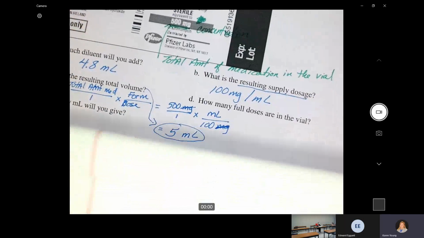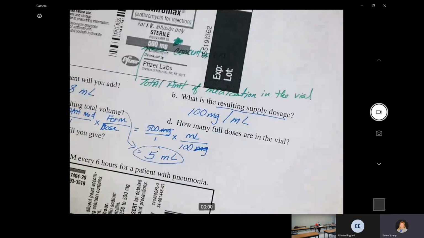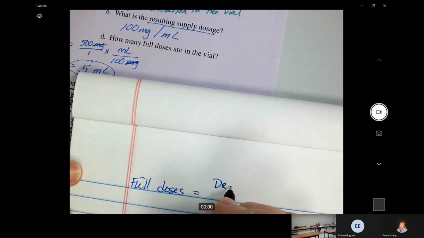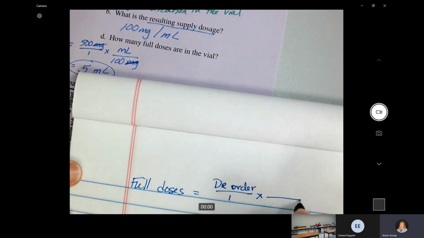And then we have how many full doses are in the vial. So the full doses is going to equal my doctor's orders over 1.